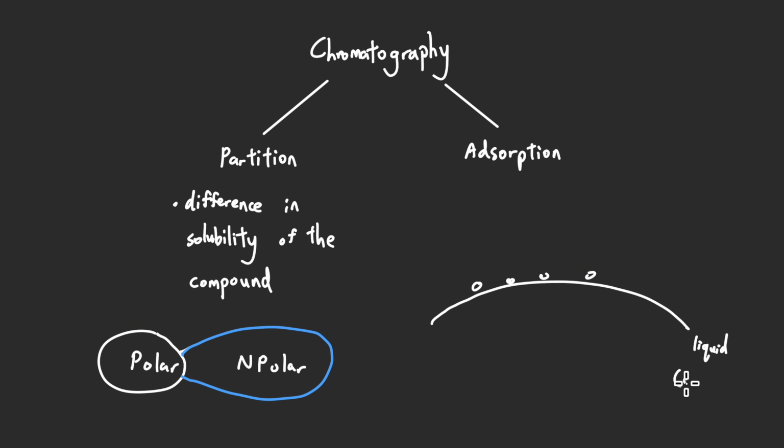So this liquid is the stationary phase. Stationary phase basically means a phase that does not move, and mobile phase basically means a phase that is moving. So when a molecule dissolves in or is carried by the mobile phase, it will move faster than in the stationary phase.